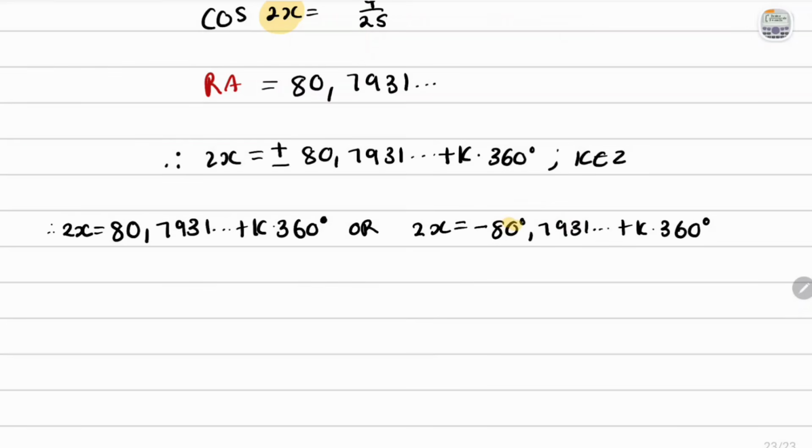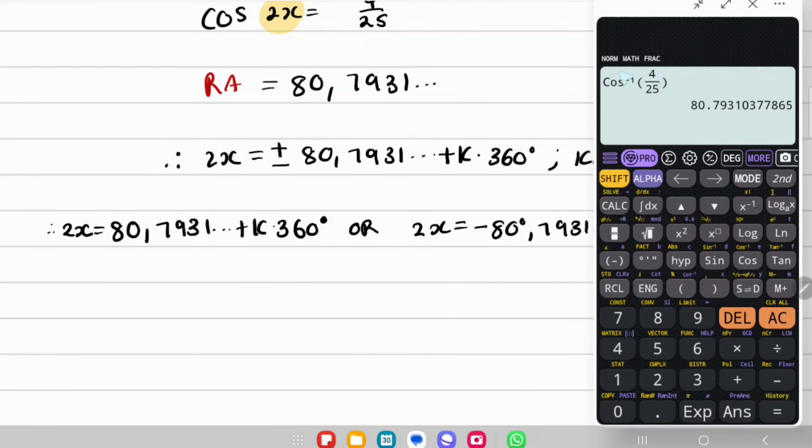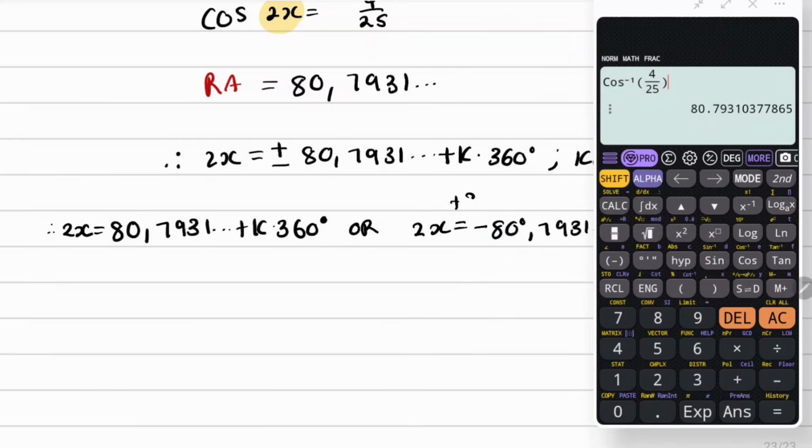Then remember this angle is negative, so to make it positive, you can go ahead and add 360 degrees. And once you do this, you'll see that it looks exactly like the solutions you would have gotten if you dealt with it using the method where you have to use the reduction, okay? So I'm going to add 360 degrees to that angle, and no problem, I can still get it back if I need it. When you add 360 degrees, it makes this sum 360 minus 80.7931.